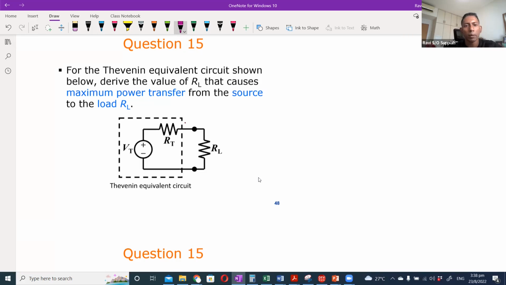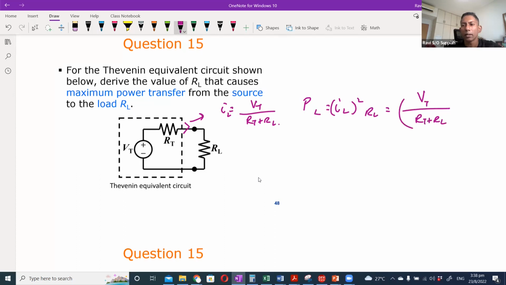If I look at this from the current perspective, this will be VT over RT plus RL. And the power to the load will be IL squared multiplied by RL, which will be VT over RT plus RL, squared, times RL.